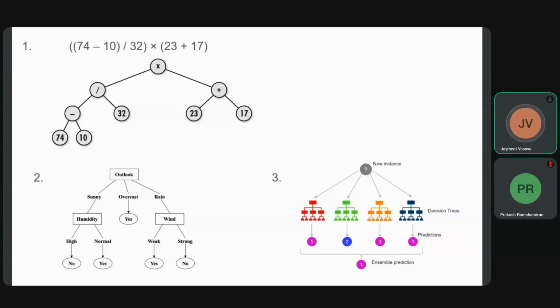So we'll go through a few of the examples. One is a decision tree being used to represent a mathematical expression, and the tree is being split with the help of the mathematical operations or signs, you can say. Then comes the second example, which contains the events related to it.